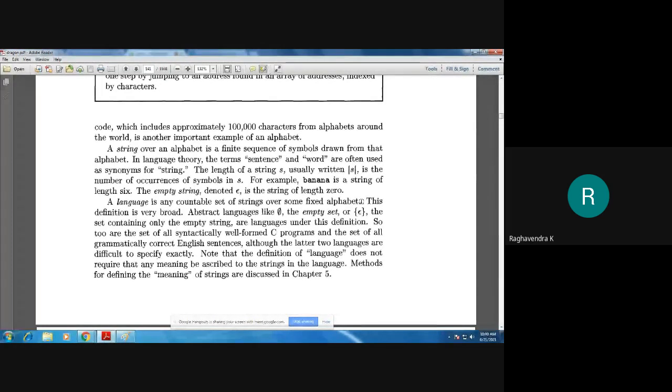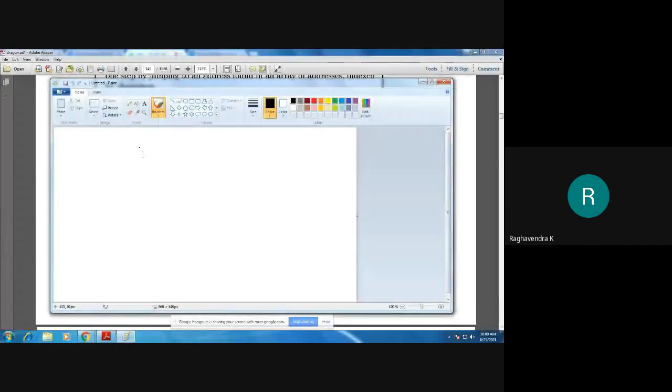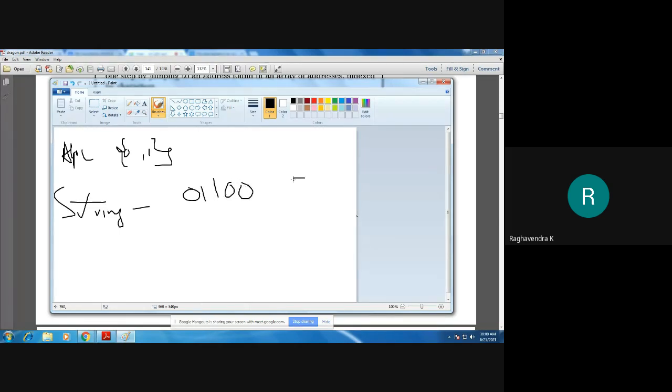Take, for example, a binary language. What does a binary language comprise of? The alphabets are 0 and 1. Using these zeros and ones, I can make up any string. For example, this is a string. What is the length of this particular string? The length of the string is 5.